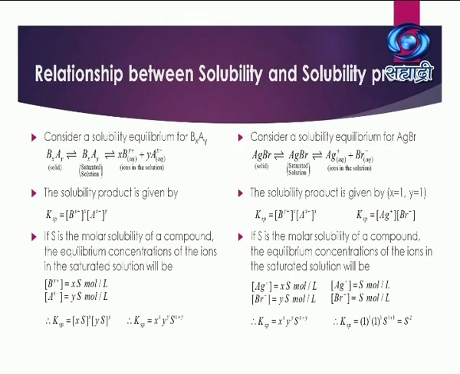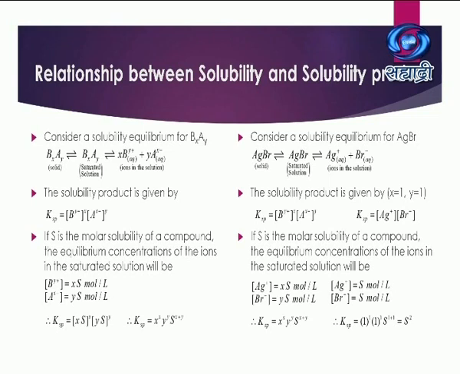Now let's find out the relationship between solubility and solubility product. So consider a solubility equilibrium for B_xA_y, which we already considered. The Ksp expression is written: Ksp is equal to the active mass of B^y+ raised to x into the active mass of A^x- raised to y.